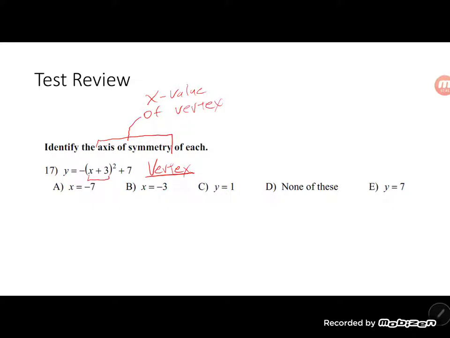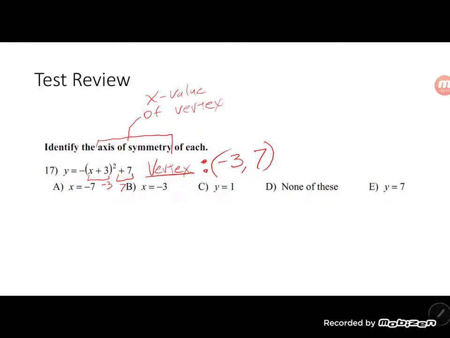Inside is left and right and it's the opposite, or an offset. And outside, it is up and down and it is not an offset. So this would be negative 3 going inside, so negative 3 left, and then 7, which would be up. So our vertex would be negative 3, comma 7.